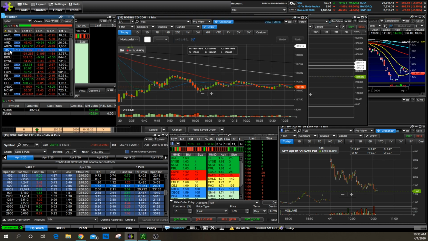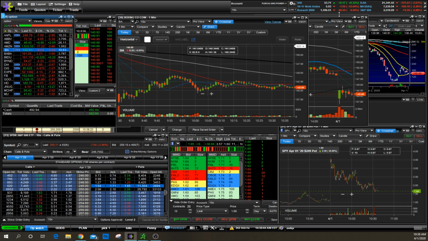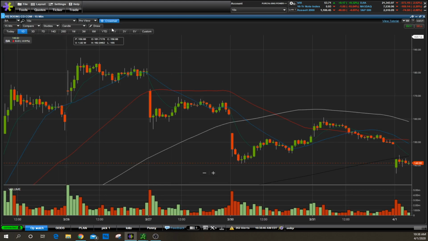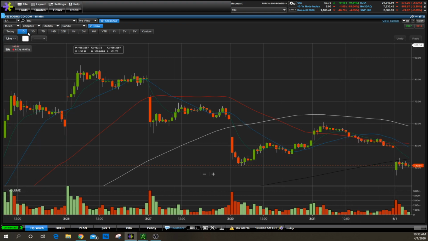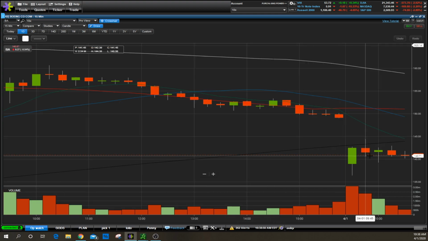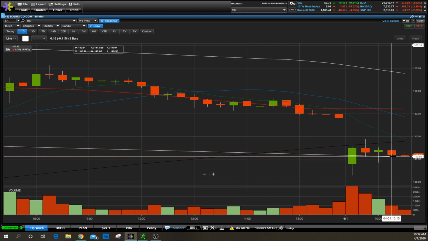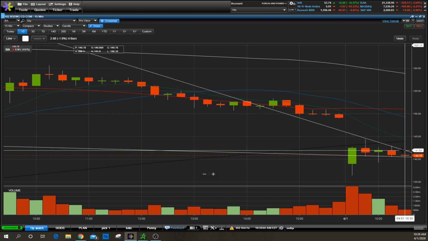Let's see, Boeing has been very volatile for sure. Kind of setting up a bull flag, right, or some sort of flag pattern here. You know what I'm talking about. Maybe you don't. Let's do just a line. So today, 1 day, yep. So we got line, support, and then here to here.